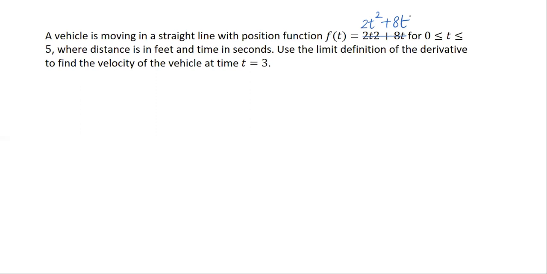Use the limit definition of the derivative to find the velocity of the vehicle at time t equals 3. So I'd like us to do a quick sketch of the scenario.